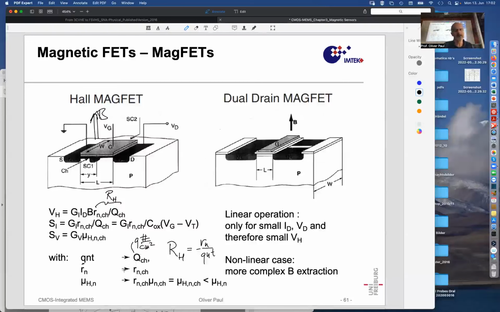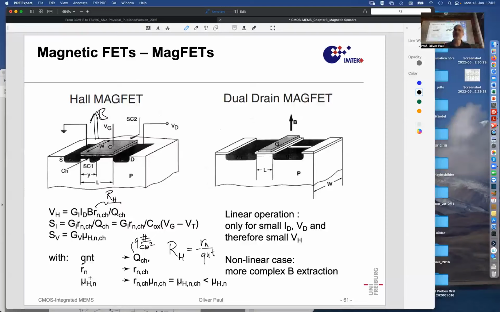And Rn is replaced by Rn channel because it represents scattering. I said that its value depends on whether impurity scattering dominates or lattice scattering dominates. And here we have another scattering mechanism, namely the scattering by the surface, by the oxide interface of the field effect dielectric with the channel.